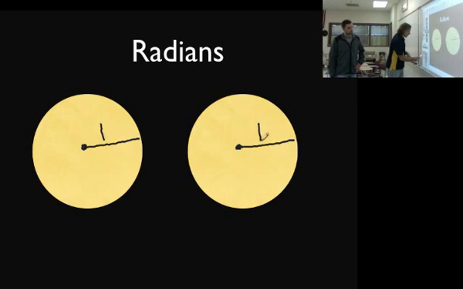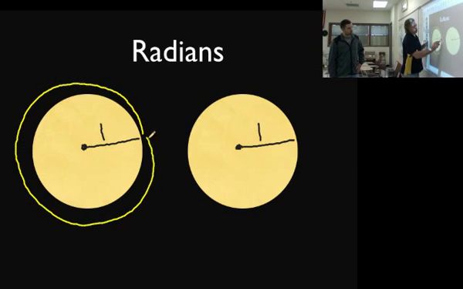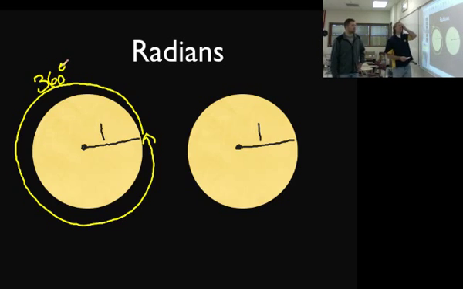Mr. Creswell, how many degrees is it all the way around a circle? 360. So that's 360 degrees. Now let's think about this. I remember from geometry that the circumference of a circle was 2 times pi times r. Is that true? I think so, yeah.